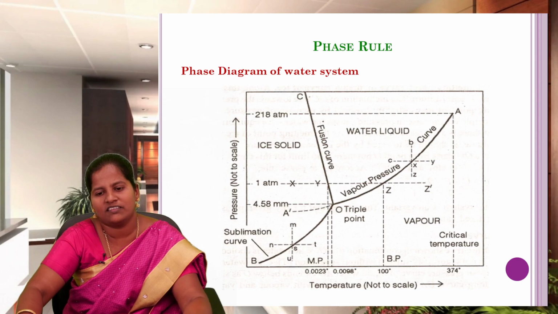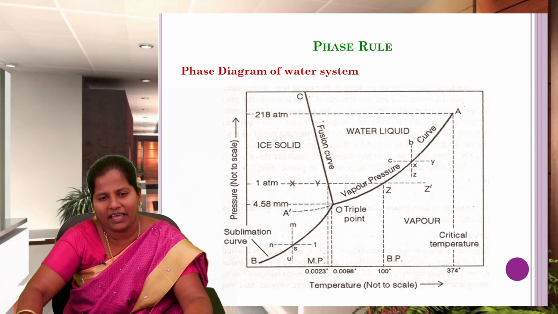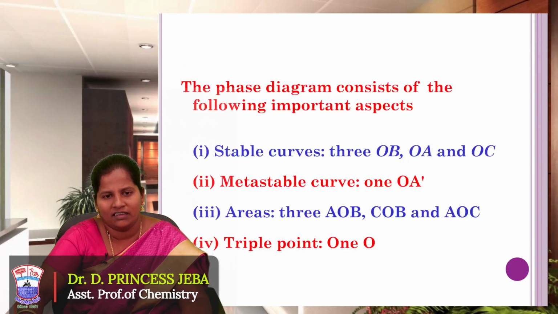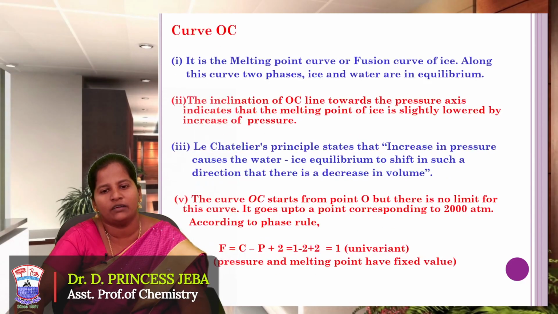The phase rule is applicable to clearly explain the number of phases in equilibrium in the water system. So we have three stable curves, OB, OA and OC, one metastable curve OA prime, three areas AOB, COB and AOC, and one point O.